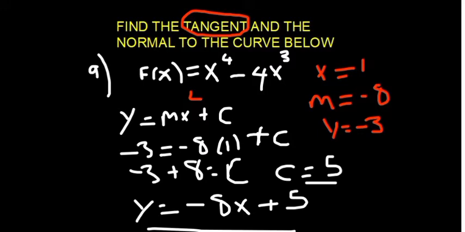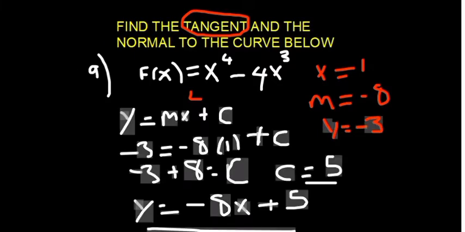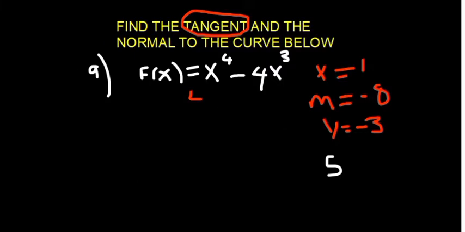How do we find the equation of a normal? So the steps are going to be the same, except the gradient is going to be different. And how do we expect the gradient to be? Since the normal is perpendicular to the curve, we expect the product of the gradients to give us -1.